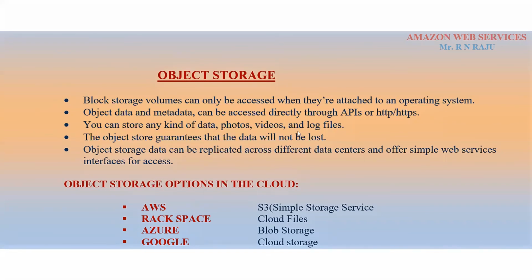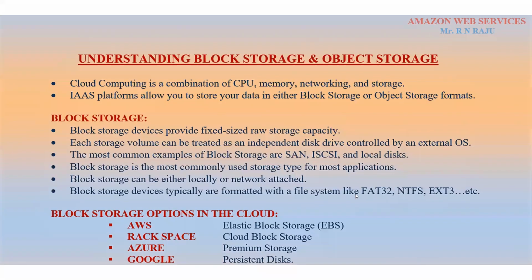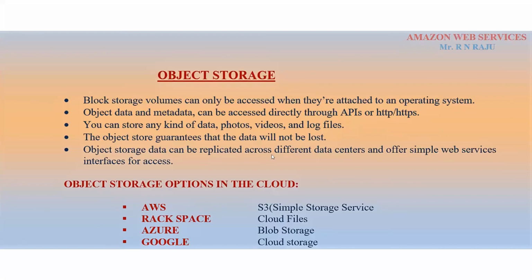In object storage you can keep any kind of data because there are no file systems. Object storage guarantees that the data will not be lost, because with no file systems the data is guaranteed. But in block storage, file systems are there. In case file systems are corrupted, maybe you lose the data. Object storage data can be replicated across different data centers and offers simple web services interfaces for access.